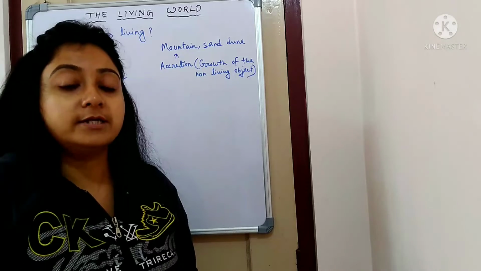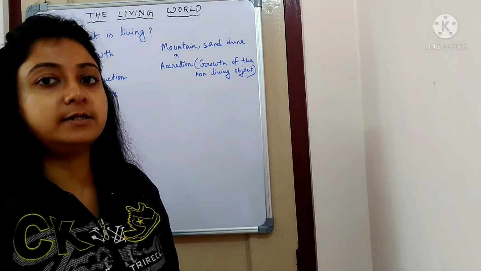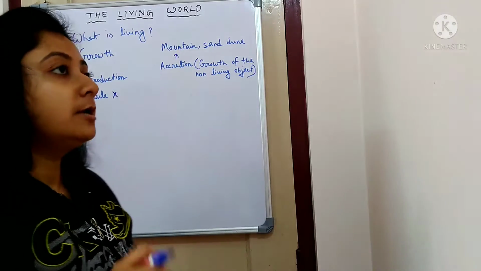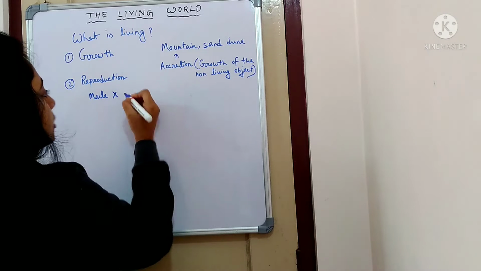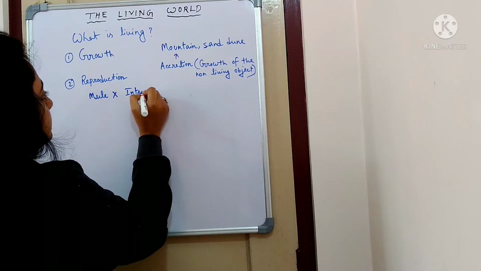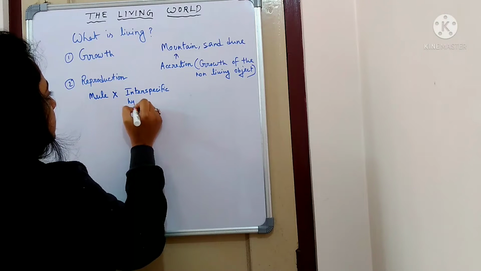Why so? Let us find the reason behind it, why the mule cannot reproduce though it is a living animal. Because the mule is a cross between two species. So it is the result of interspecific hybridization. It is very important.